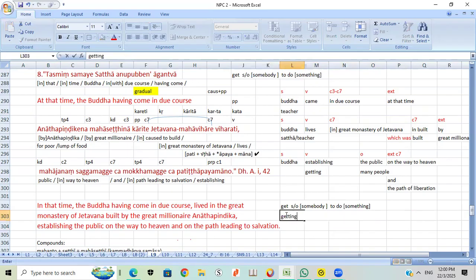I only can explain, I cannot construct "getting". Here, can you see many people? This is somebody. Can you see the two? So the word is established.